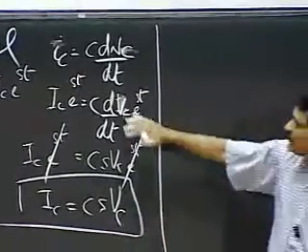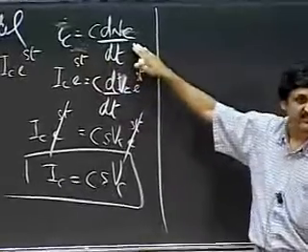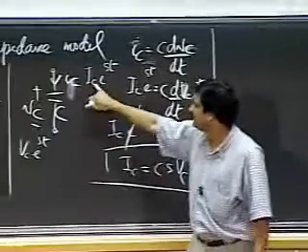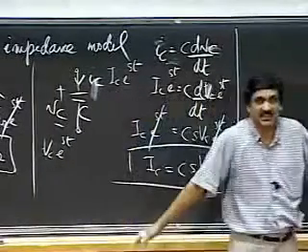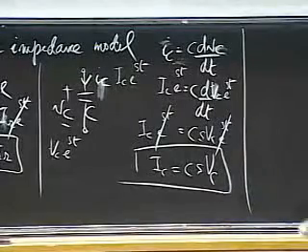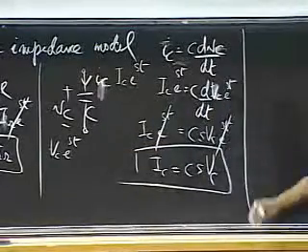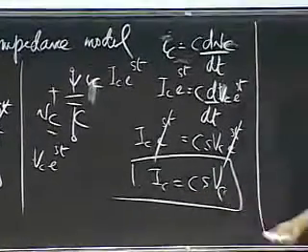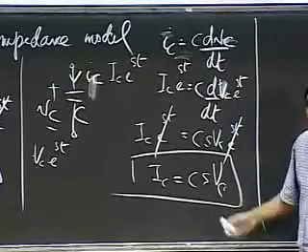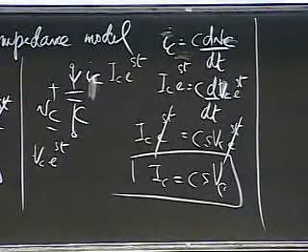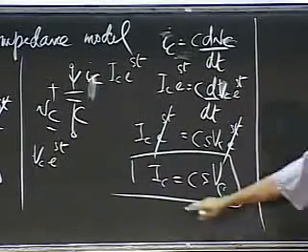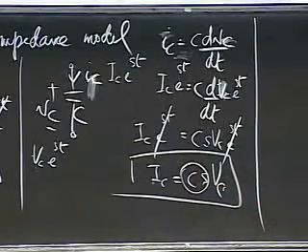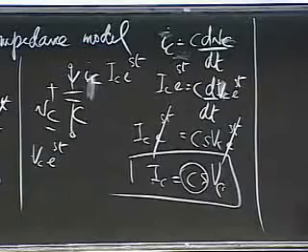What was interesting here? Notice that in the time domain, IC equals C dVC/dt. It's the element law for the capacitor. So I said, let's use exponential drives, IC e to the ST, VC e to the ST, and try to find out what the relationship between the complex amplitudes is. I plug them in, and what do I find? If my input is VC e to the ST, and VC is the amplitude of the input, then the current is given by something multiplied by VC.